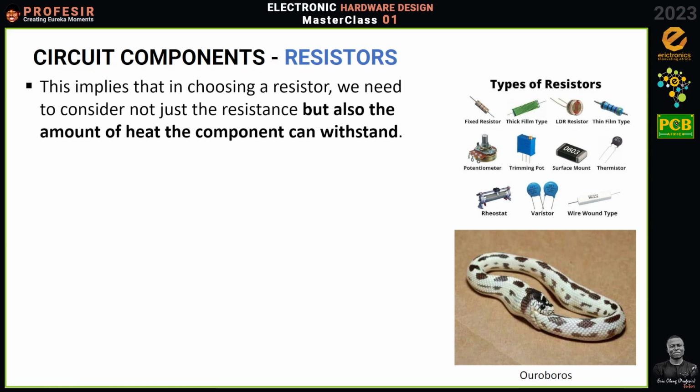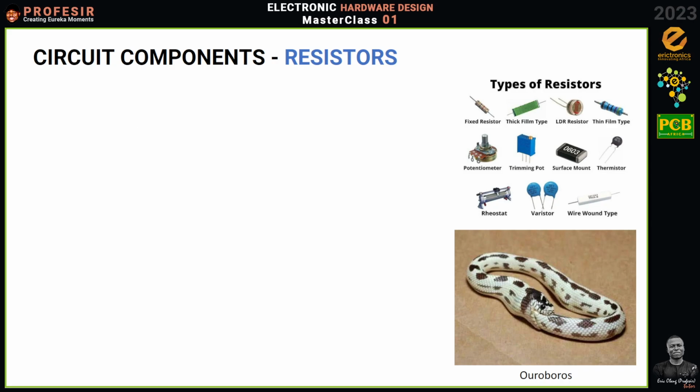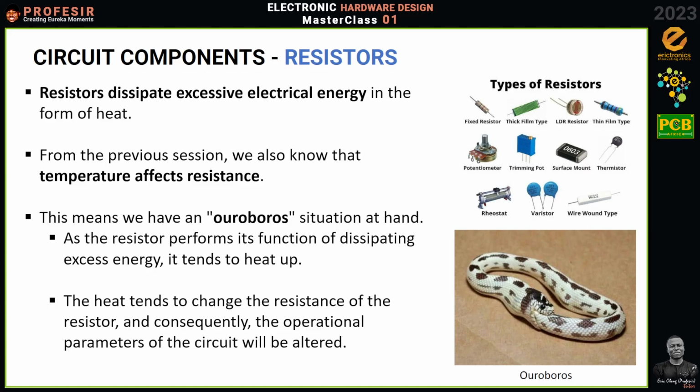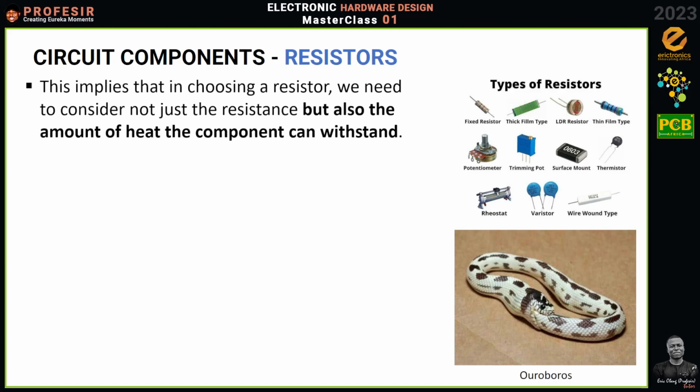So this implies that in choosing the resistor, we need to consider not just the resistance, but also the amount of heat that resistor can actually handle. Because if the heat builds up more than the material of the resistor can handle, then that resistor is going to burn out.